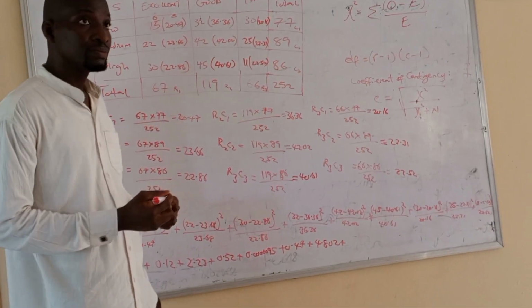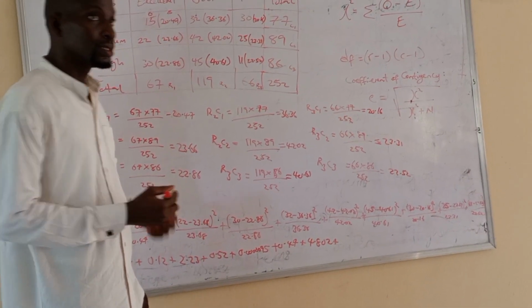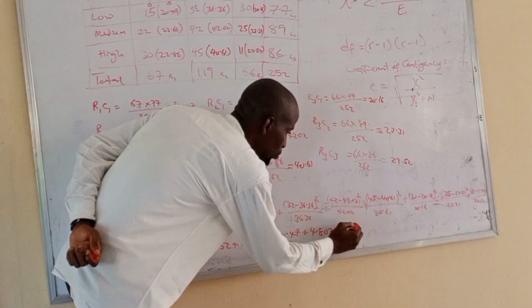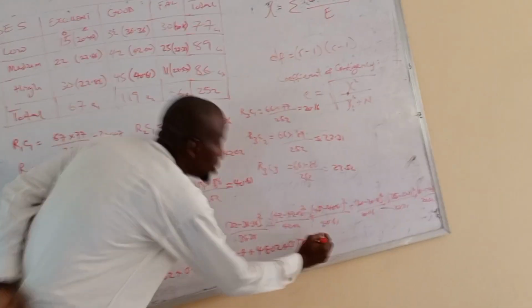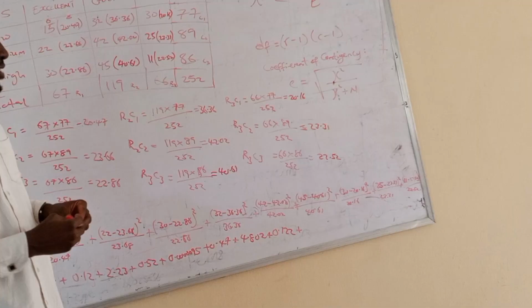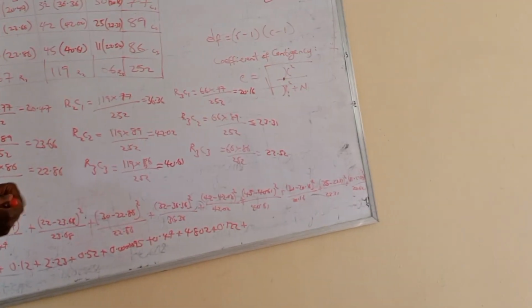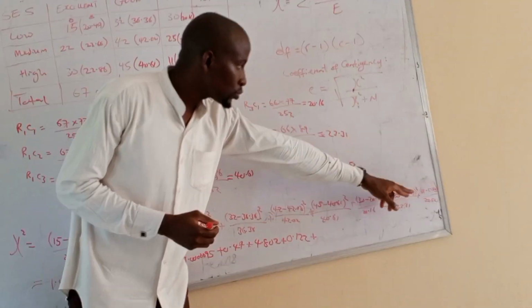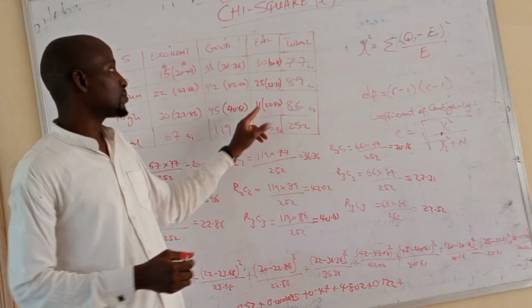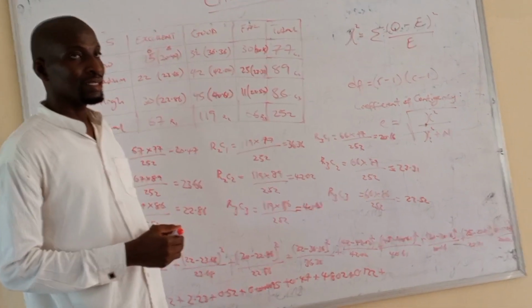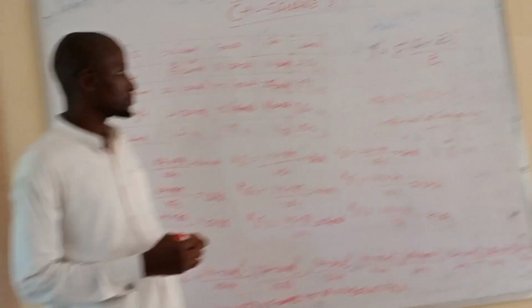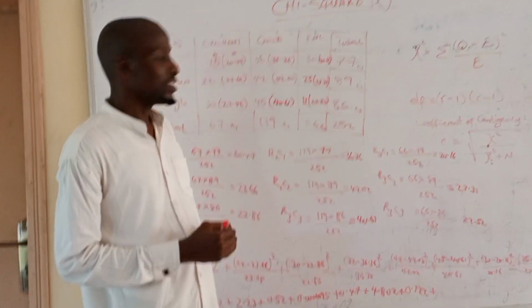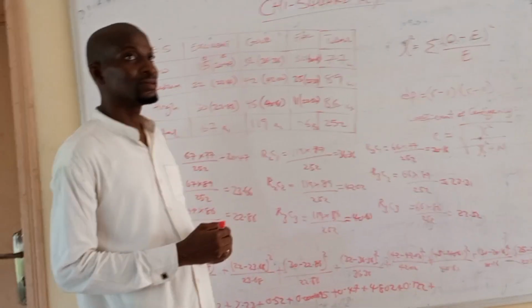That will give you 0.122. Good. The last one that we have here, 11 minus 22.52, observed and expected. Then you square it, divided by 22.52.